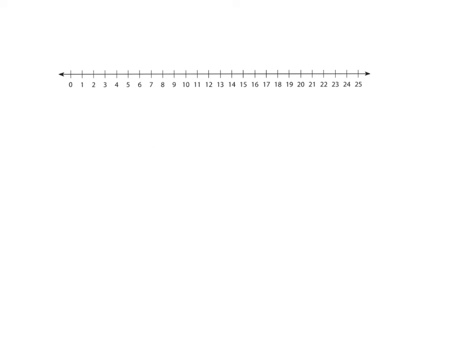Let's practice skip counting by drawing jumps on the number line. Let's find how many in 5 jumps of 4, or, in other words, 5 times 4. Well, in this problem, we're going to make 5 jumps of 4.